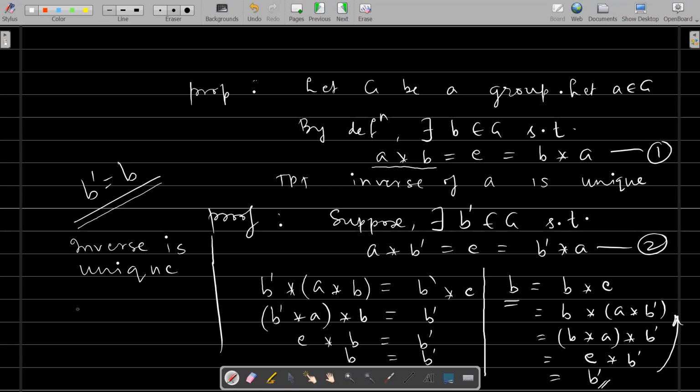Usually the inverse of A is shown by A raised to -1. That is the standard notation for inverse, or many times if the operation is additive, it's shown by -A.